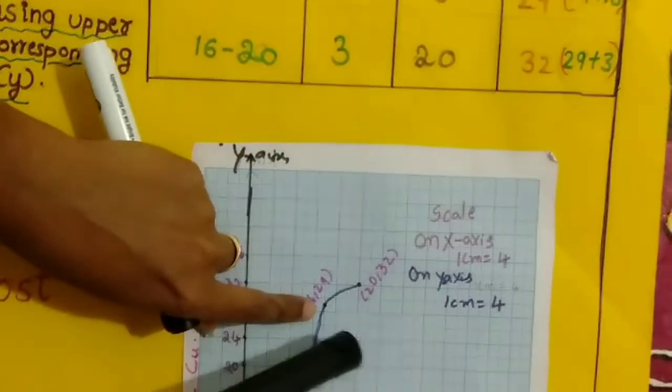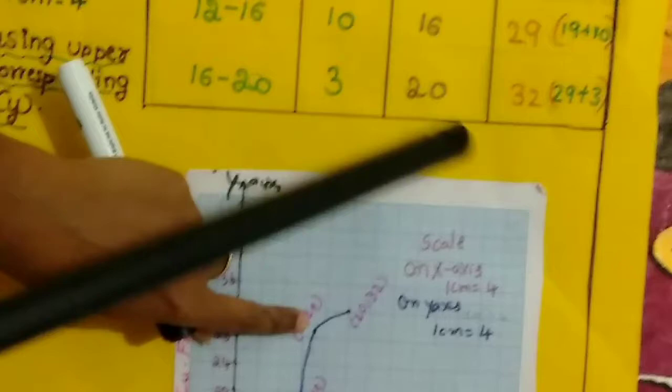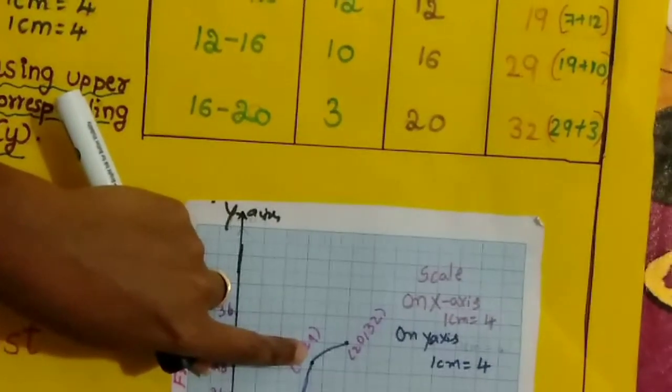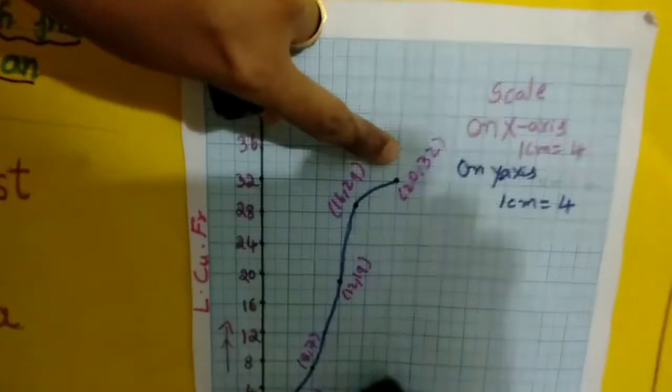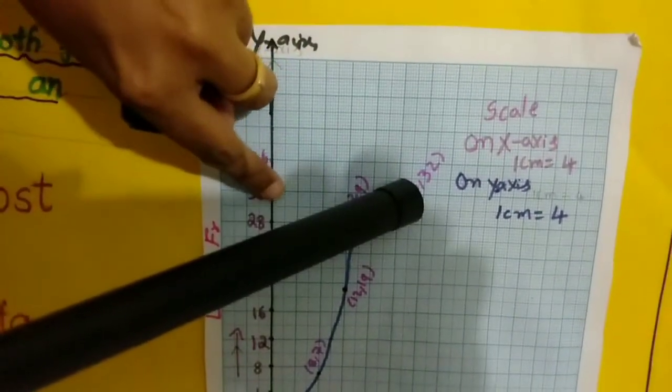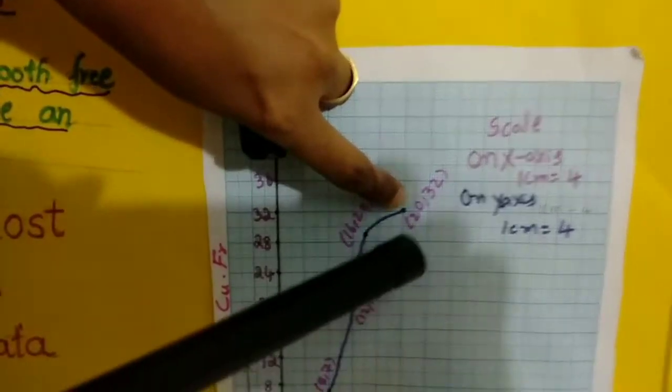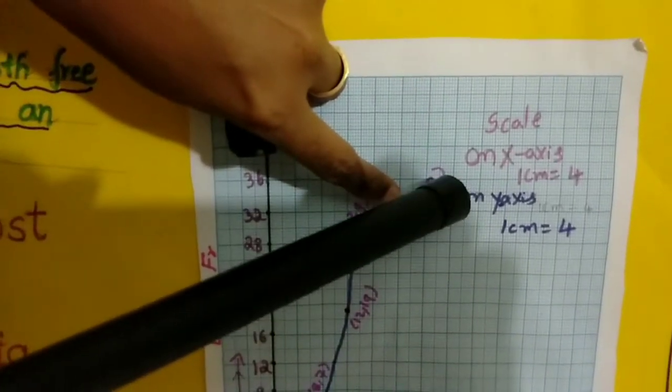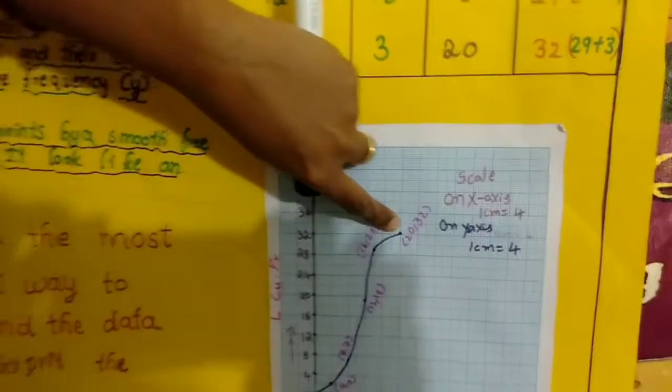So this is 16, 29 and the point 20, 32. The last x coordinate is 20 and the y coordinate is 32. Plotting the point with x coordinate 20 and y coordinate 32, the ordered pair can be plotted on the graph paper like this.